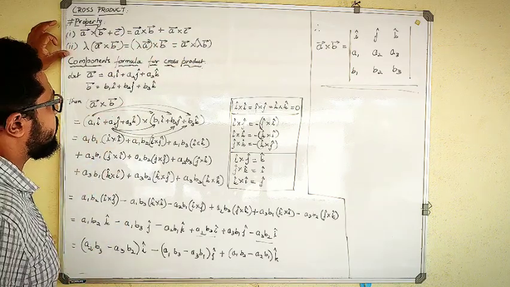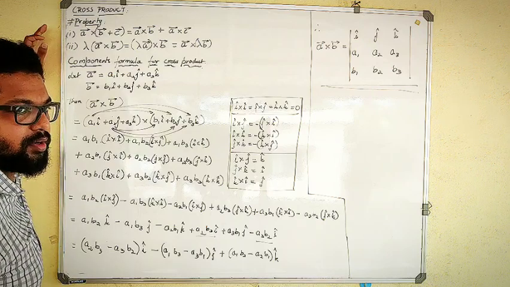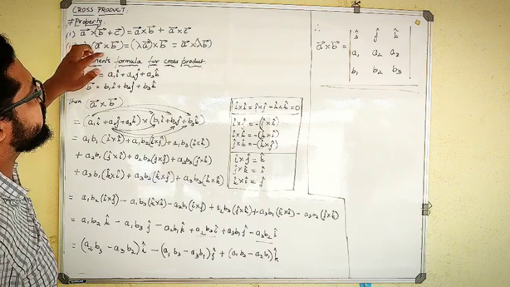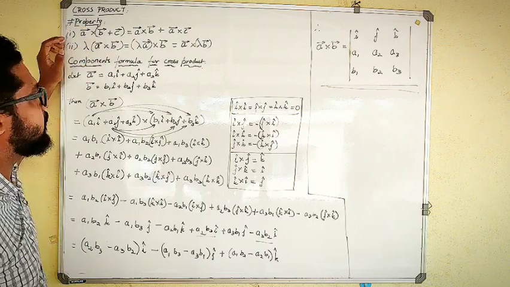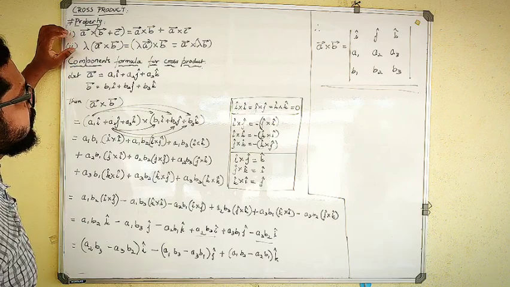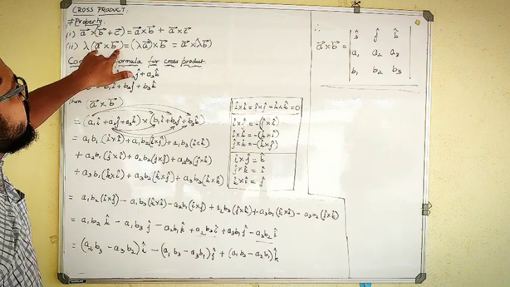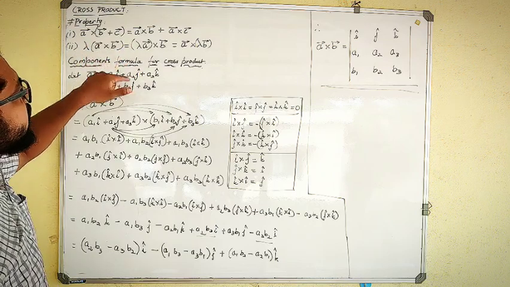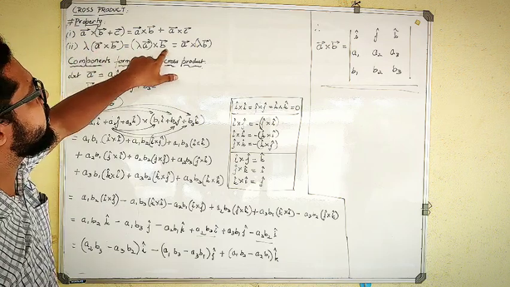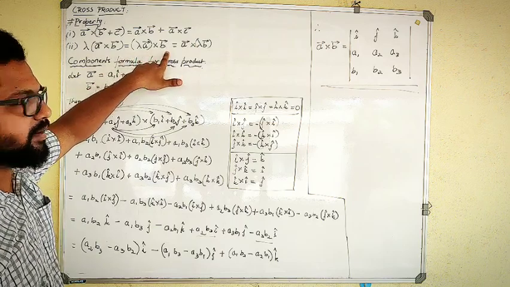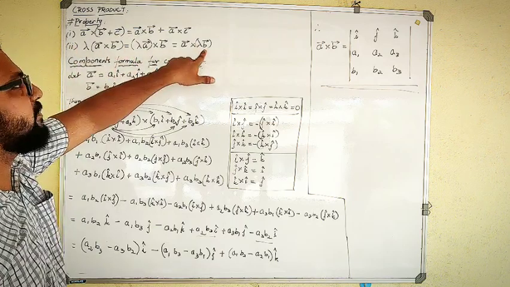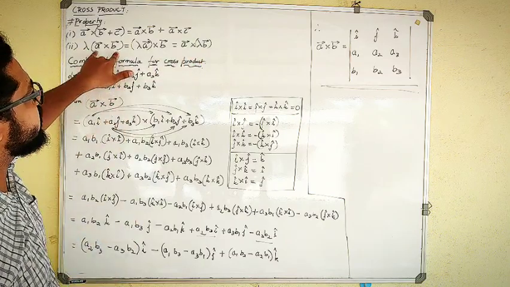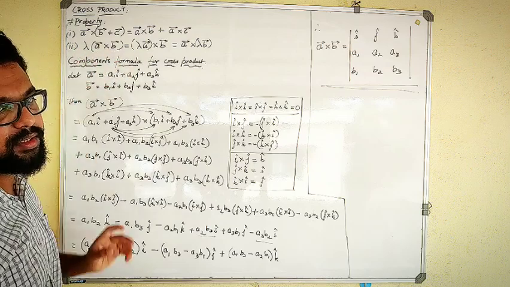And the second property, which we also learned in the dot product, is scalar multiplication with the cross product. Suppose a number has to be multiplied to the cross product of two vectors. That number can be multiplied to the first vector and then crossed with the second vector, or multiplied to the second vector and then crossed with the first, or you can first find the cross product of both and then multiply the number to that.